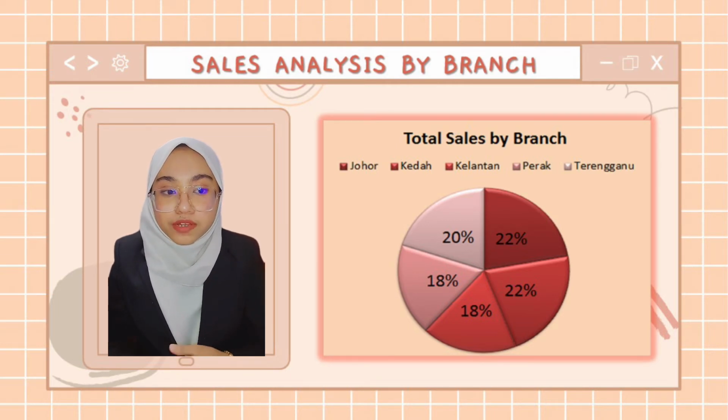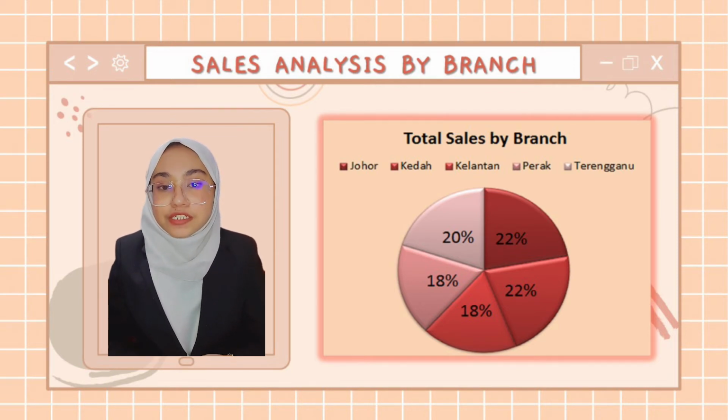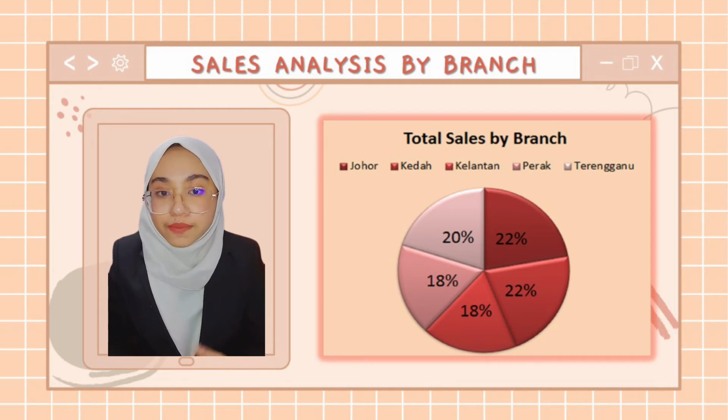Kelantan was recorded as the branch that obtained the lowest sales in 2021, which is 2,205 ringgit Malaysia. The product that sold very well in the Kelantan branch is sport shoes, which is 630 ringgit, followed by slippers 550 ringgit, leather shoes 450 ringgit, sneakers 350 ringgit, lastly sandals 225 ringgit Malaysia.